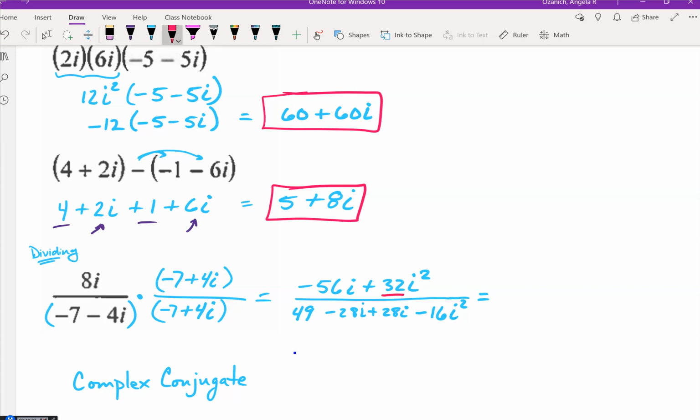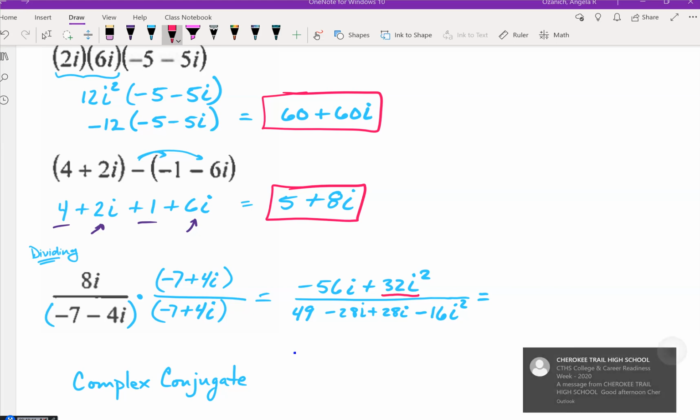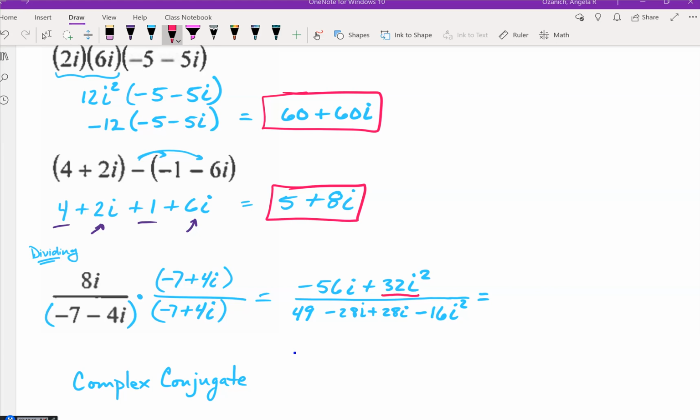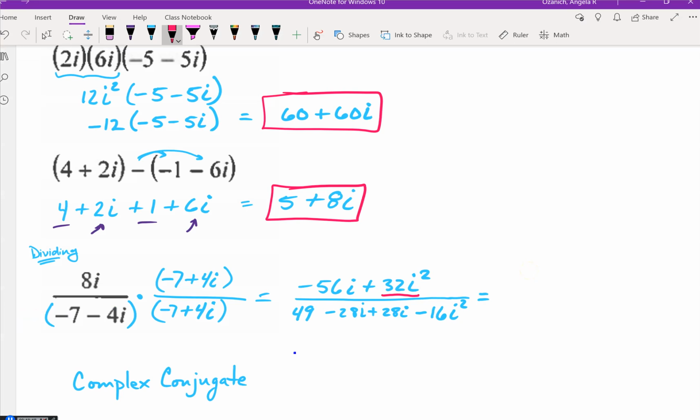Okay, so I'm going to do this one first. i squared is -1. -1 times 32 is going to be -32 and then minus 56i. Okay, that is our numerator.